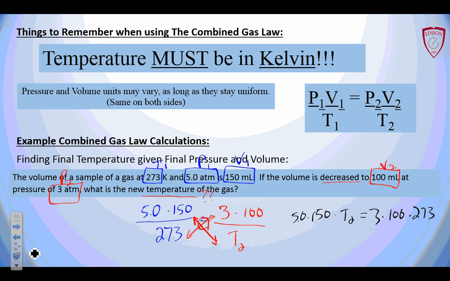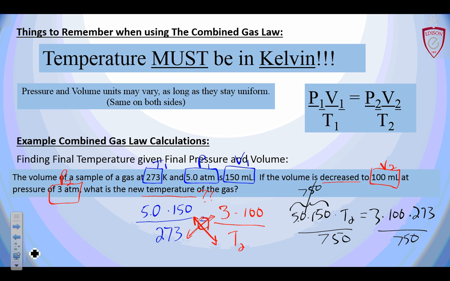Now you solve for T2, which is like X on the left side. So now you have your choice. You can probably multiply this right together and get a number. We can do 5 times 150. 150 times 5 is 750. So I can divide this by 750 and divide this by 750.